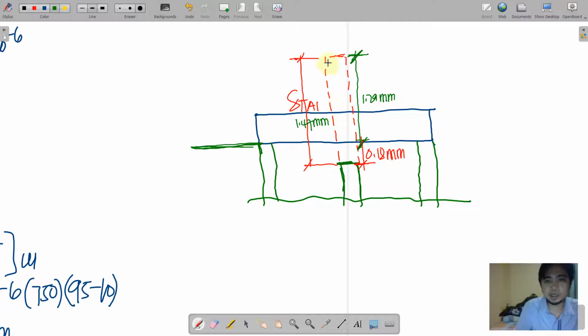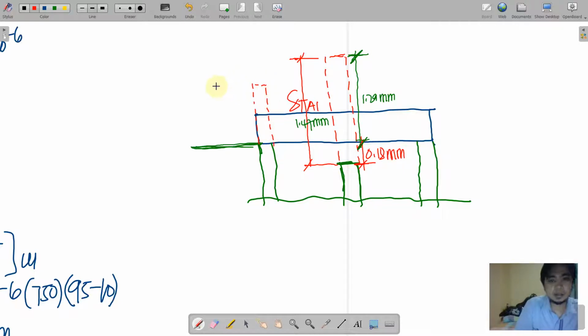Now, if this is 1.29 millimeters, therefore, the extension of the copper rod will be shorter than 1.29 because our calculation is just equal to 1.07.